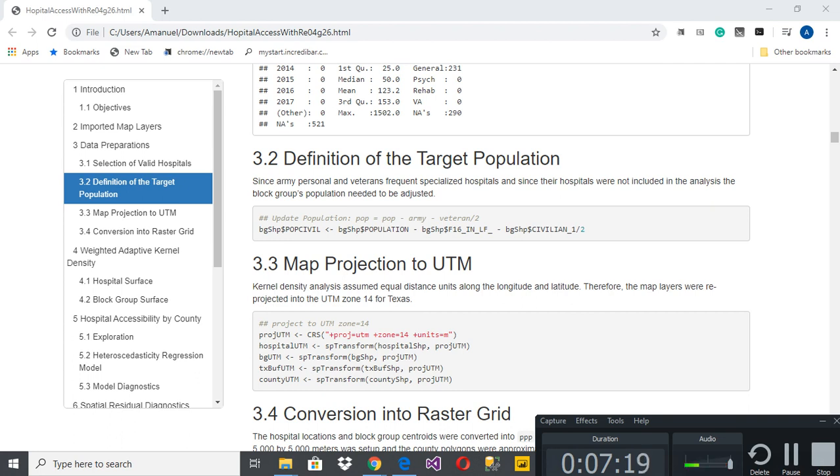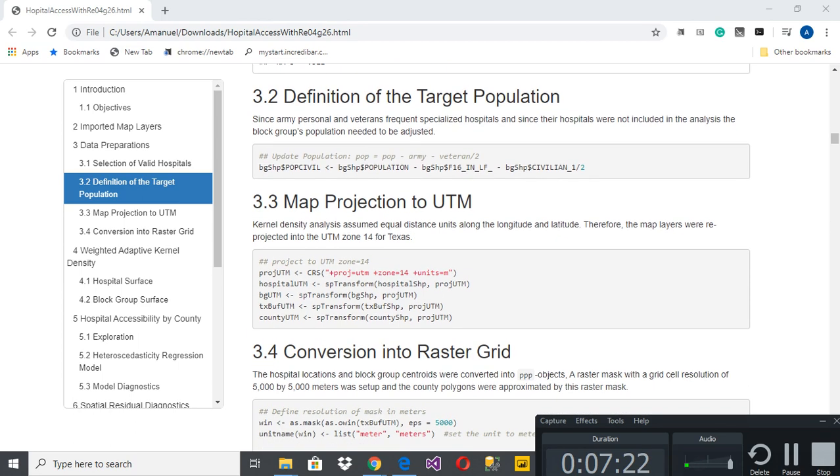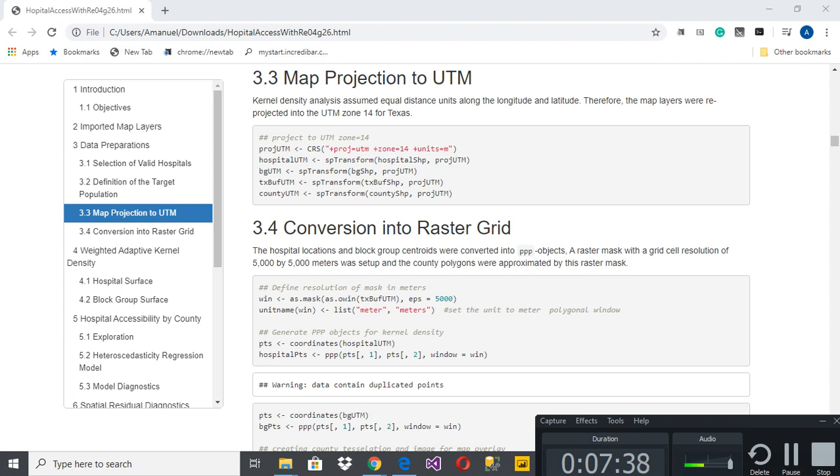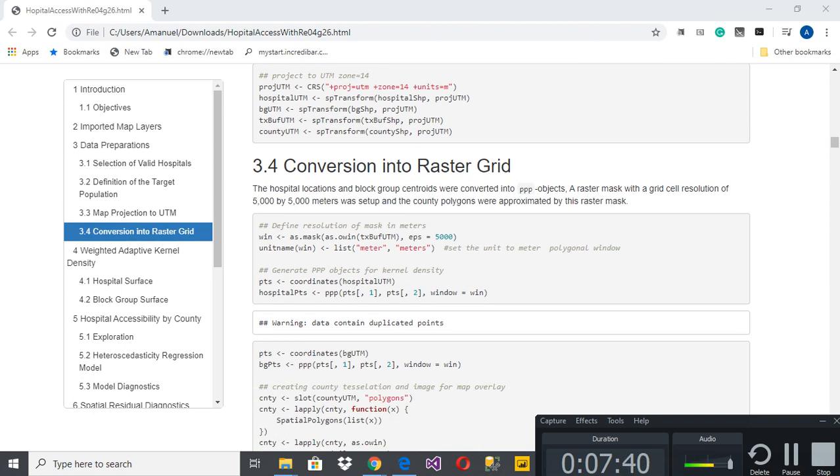So only the civilian population is used as a weight for the block group, and the map is projected into UTM coordinates using zone 14, which is suitable for Texas. The map is converted into a raster grid to convert into PPP objects or point pattern objects with a raster mask of 5 kilometer by 5 kilometer resolution.